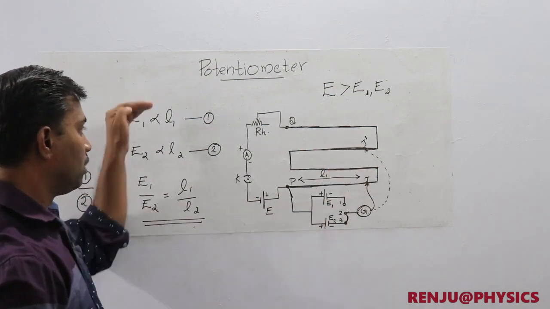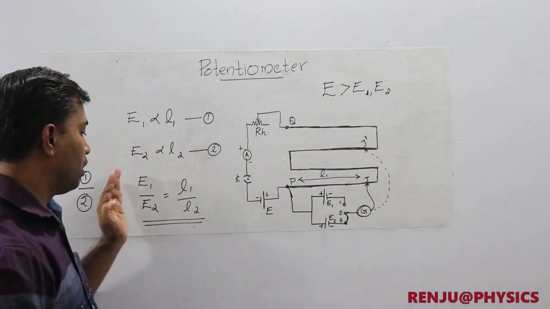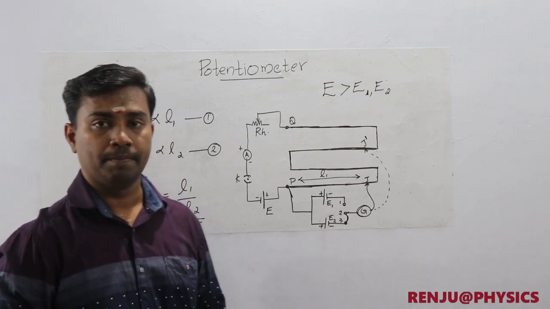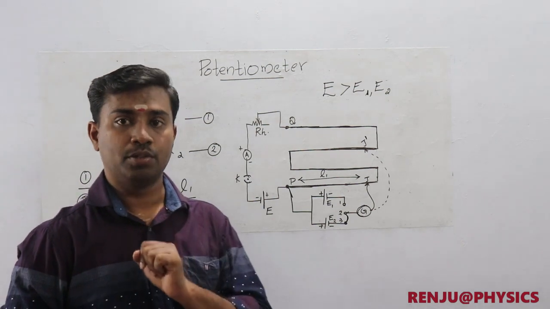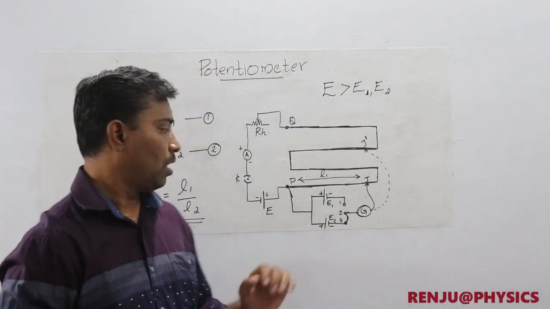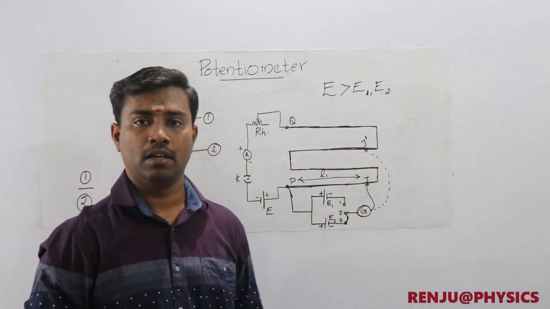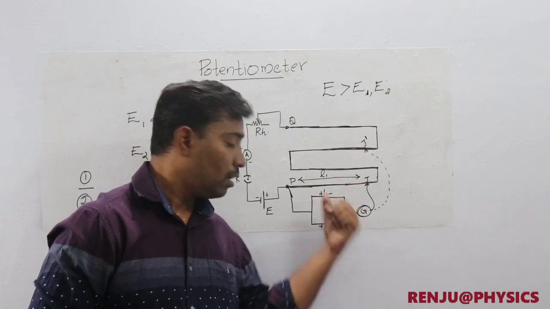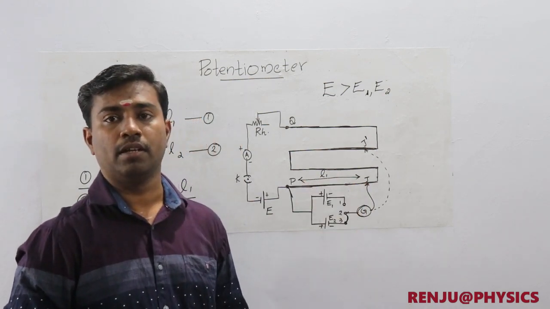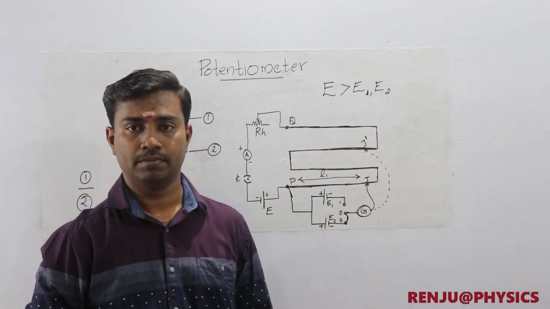You need to make sure that when comparing the EMF of two cells, the driver cell voltage must be greater than E1 and E2. That's about the comparison of EMF of cells by using a potentiometer.